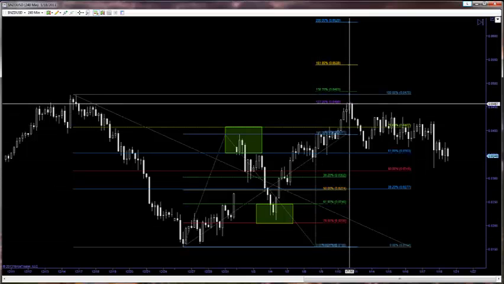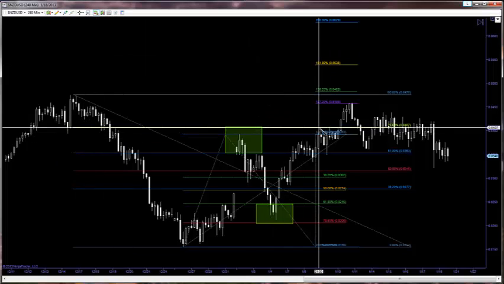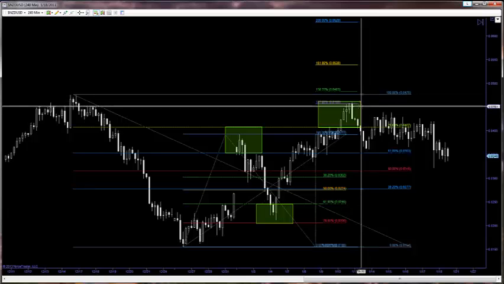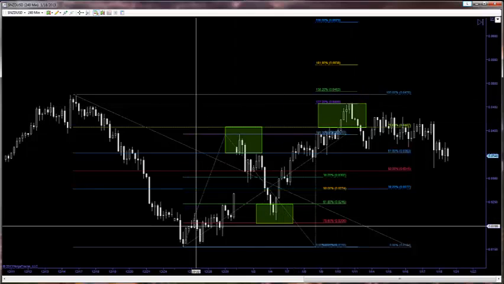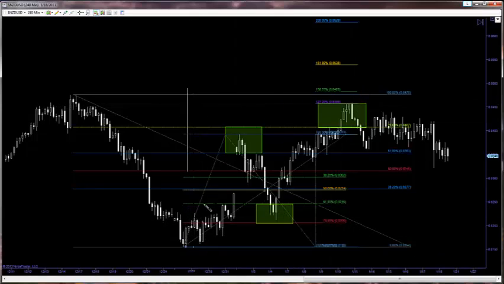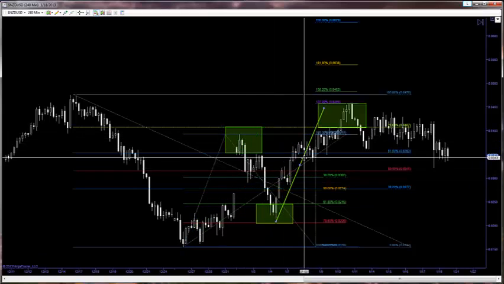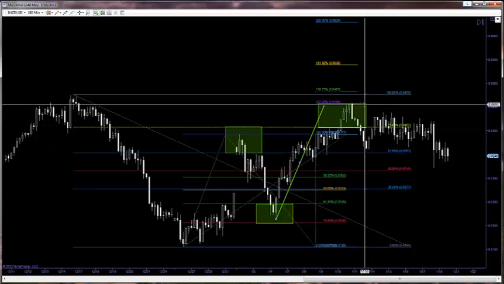Beautiful, 127 extension. So what we have here is our price reversal zone is in here. If we draw our harmonics here and we drag it up, we see the price completed as expected.